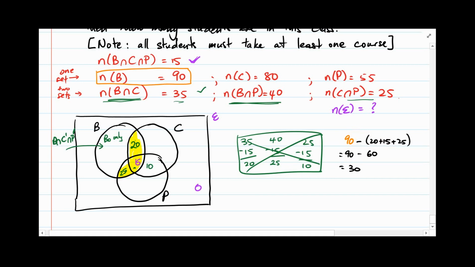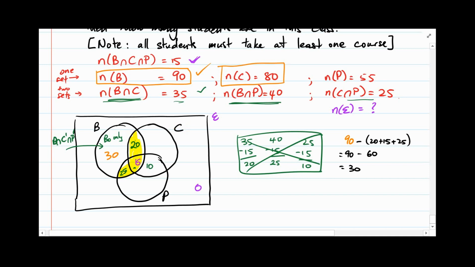All right, do check my arithmetic. Sometimes as I'm moving up here, I may get it incorrect. All right, so we have done that. Let's do the same thing for the number of persons in chemistry. For the entire circle of chemistry, we have 80 students who do chemistry.